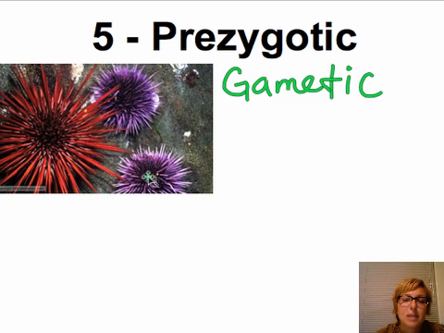And they have special proteins on the outside of their egg and sperm that cause them to fuse together. That egg and that sperm, their proteins have to align, therefore they have to be from the same species in order for that fusion to occur.